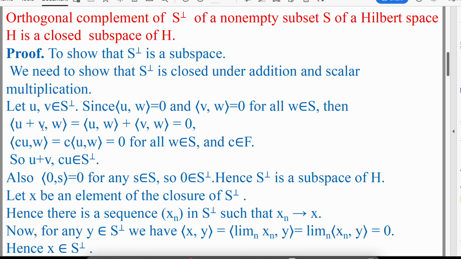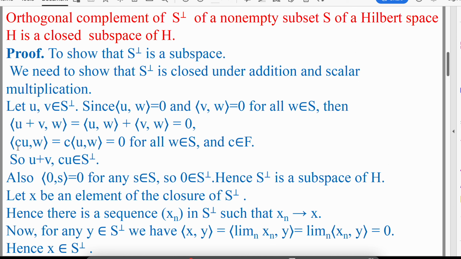Inner product of u plus v with w is inner product of u with w plus inner product of v with w. But this is 0, this is 0. It means inner product of u plus v with w is also 0, and it means u plus v belongs to orthogonal complement of S.